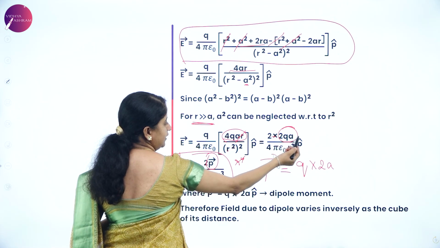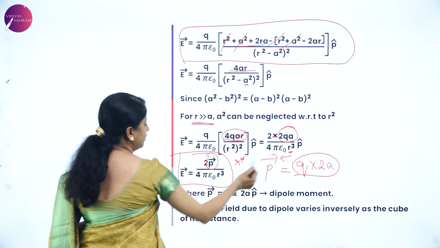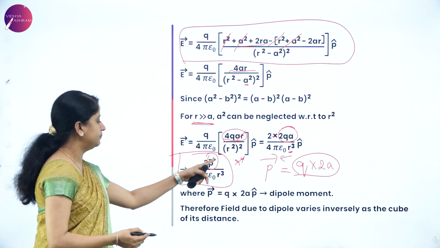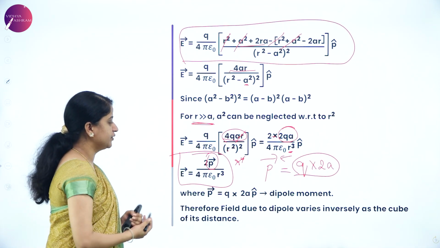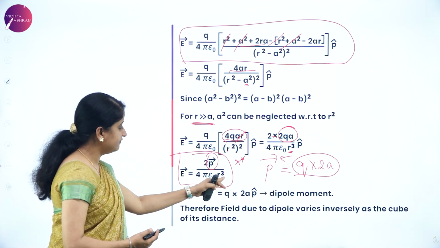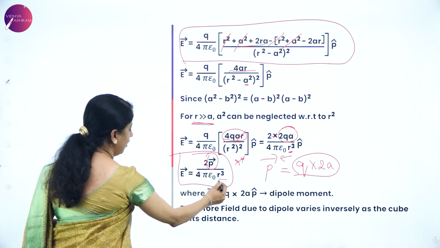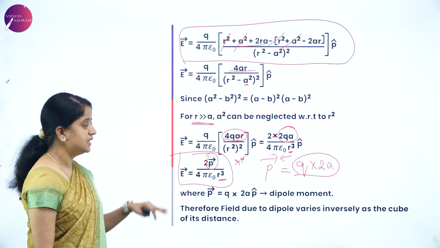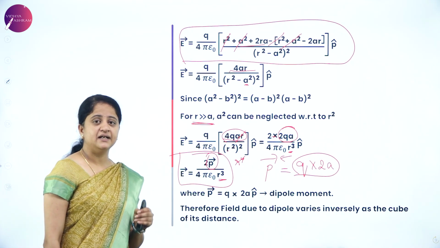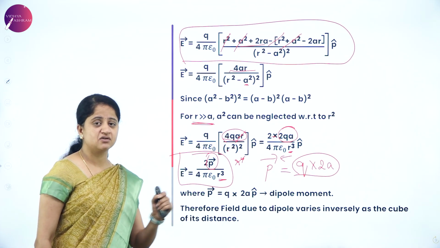So we have 2qa here, which is nothing but the dipole moment. So we have replaced this with 2p divided by 4 pi epsilon naught into r cube. So the field due to a dipole varies inversely with the cube of its distance is the conclusion we can give according to this expression. So this is the electric field intensity at a point on the axis of the dipole.